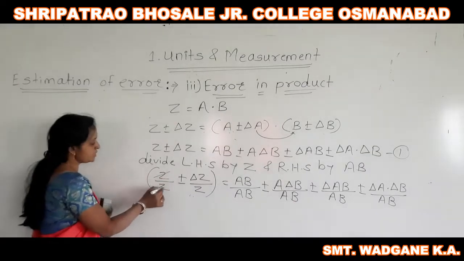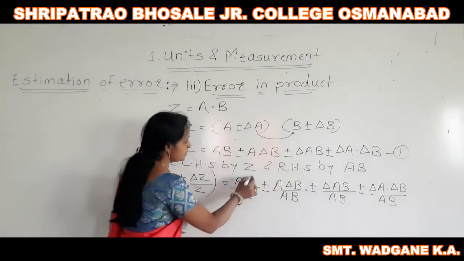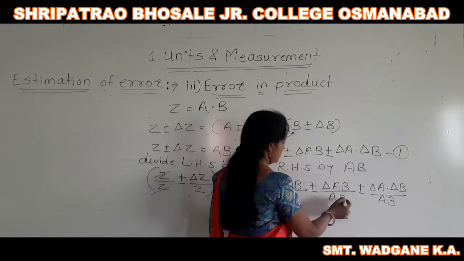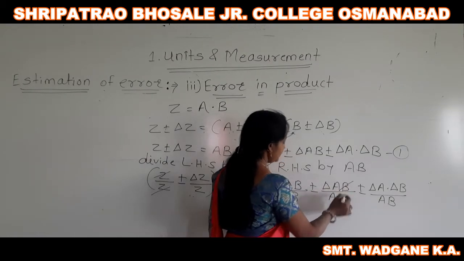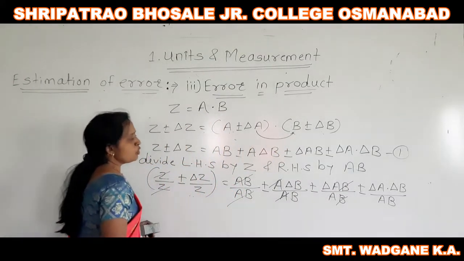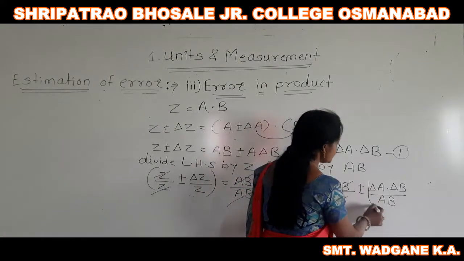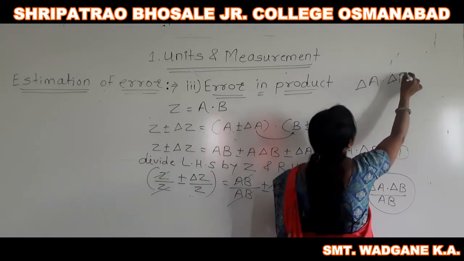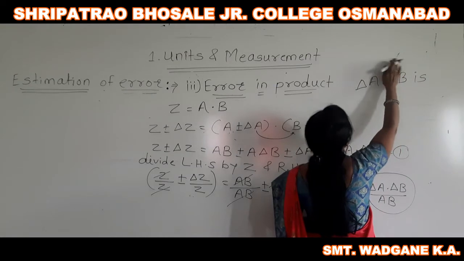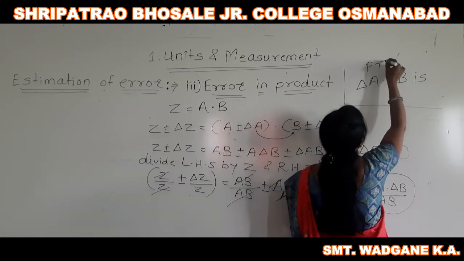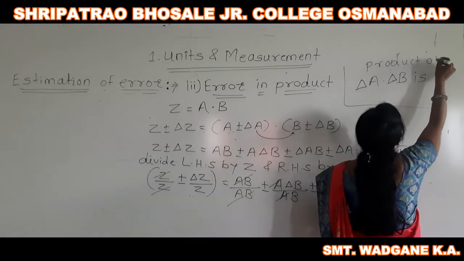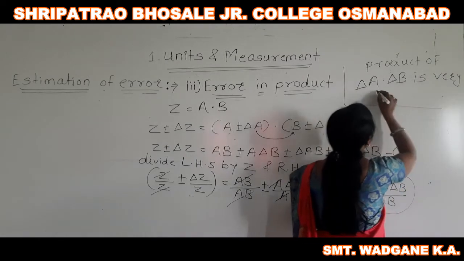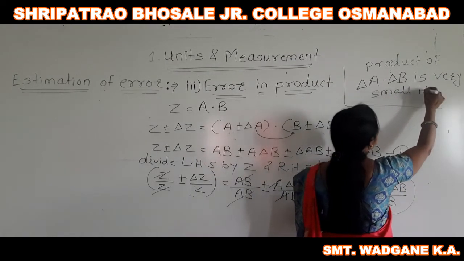Then cancel the terms: Z cancels, AB cancels, here A cancels, here B cancels. And in this last term, the product of delta A and delta B is very small. Since it is very small, it is neglected.